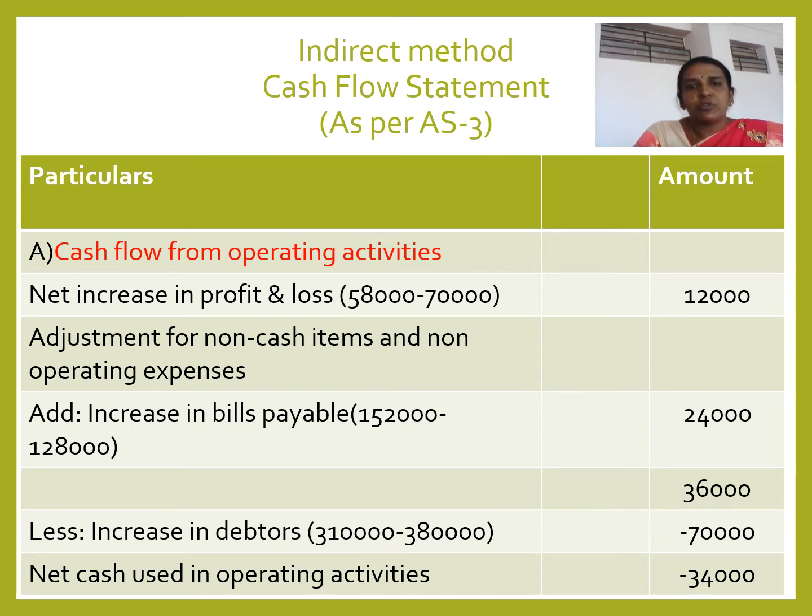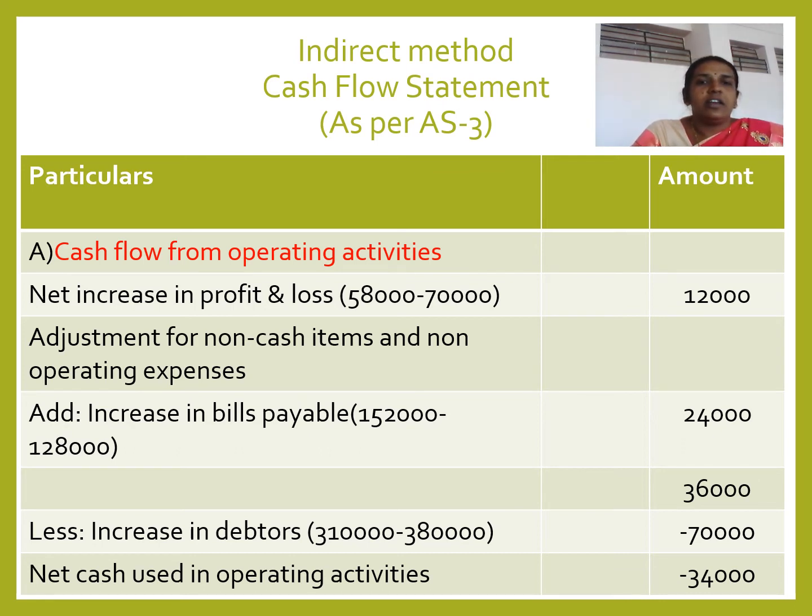To prepare a cash flow statement you have to prepare 3 columns. First one is for particulars, second one is for adjustment and third one is for amount. And the overall activities of a business organization must be classified into 3 categories. As you know, first one is cash flow from operating activities, next one is cash flow from investing activities, and last one is cash flow from financing activities.